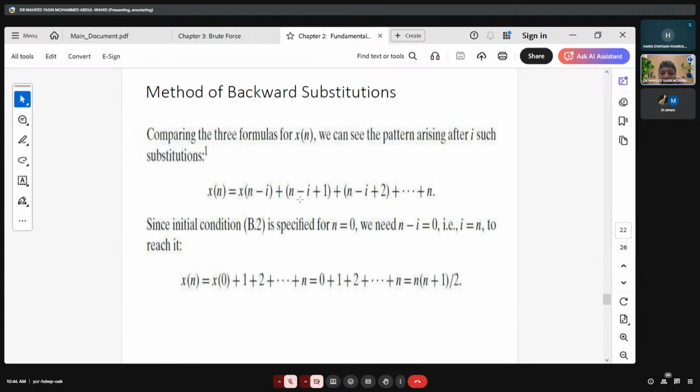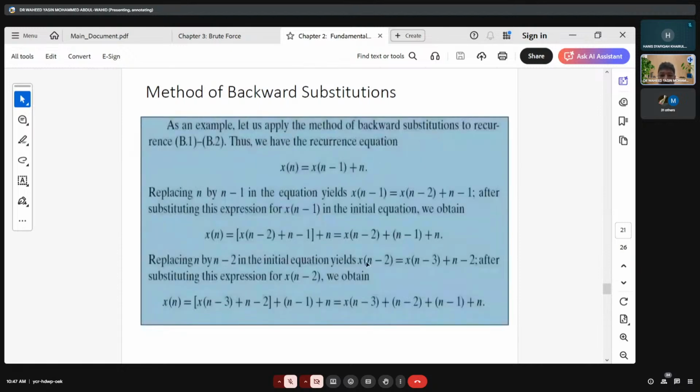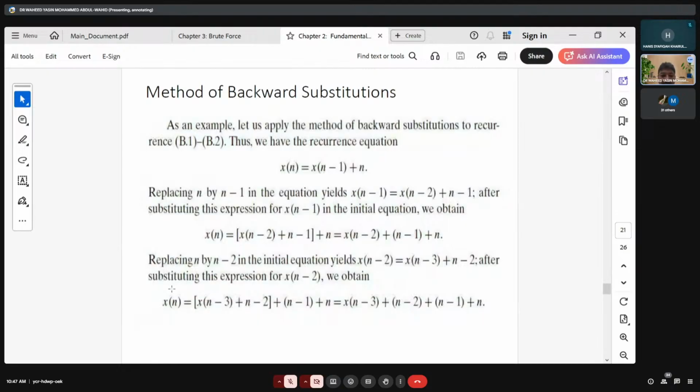Because here we replace n minus i with 0, then 1. So x0 plus 1 plus 2 plus 3 up to n, with x0 equal to 0, equals n(n plus 1) divided by 2.